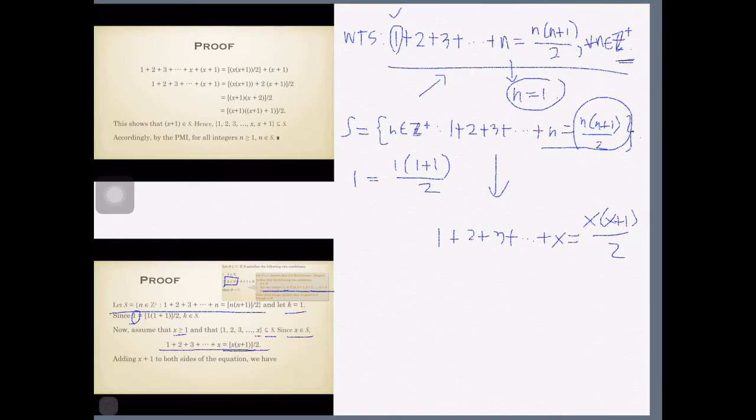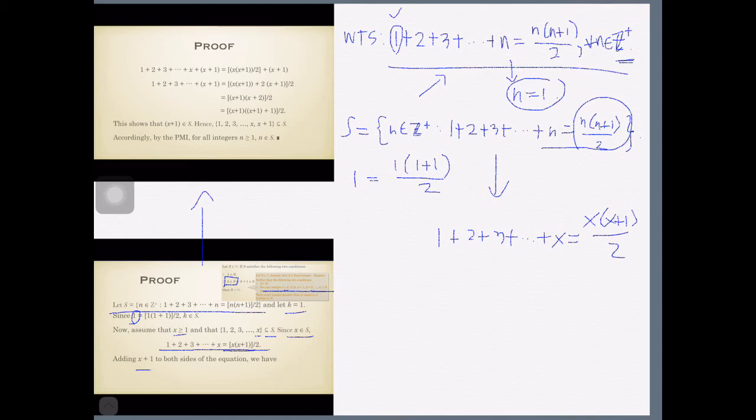Now if we are to add x plus 1 to both sides, it would look like this. So you see, if you were able to watch WOP, or proving with the use of the principle of mathematical induction, more or less we are having the same outline of the proof, alright?